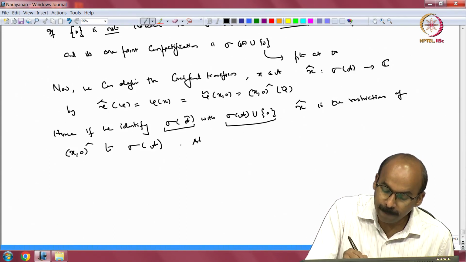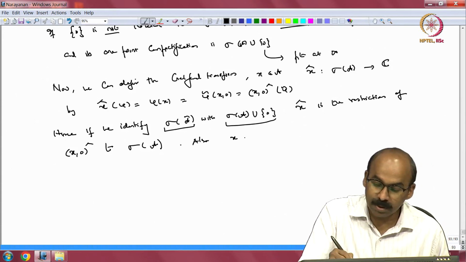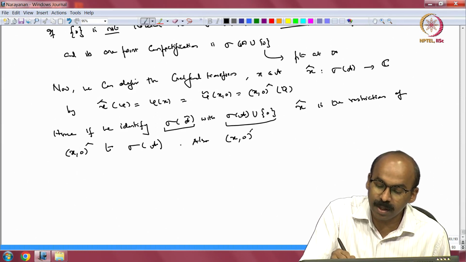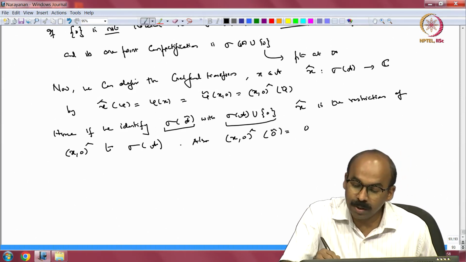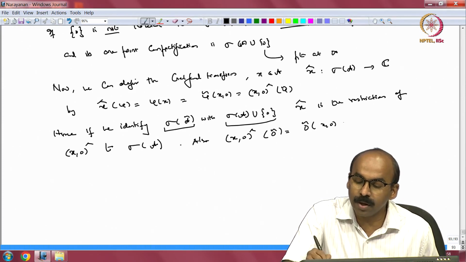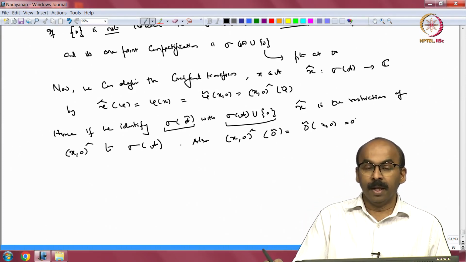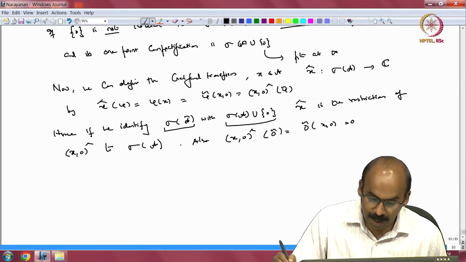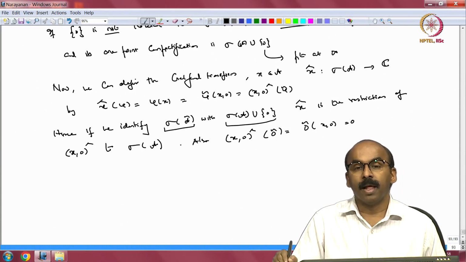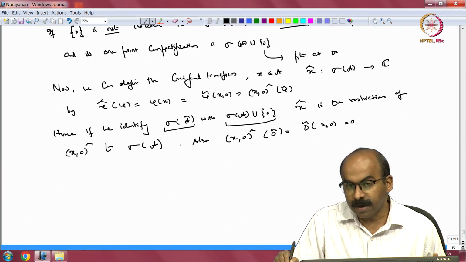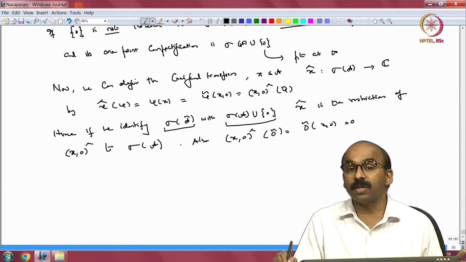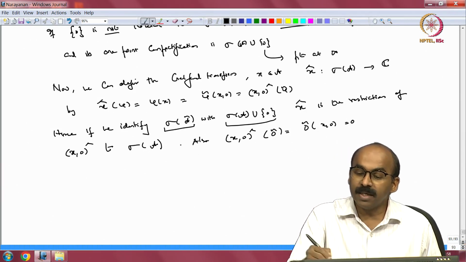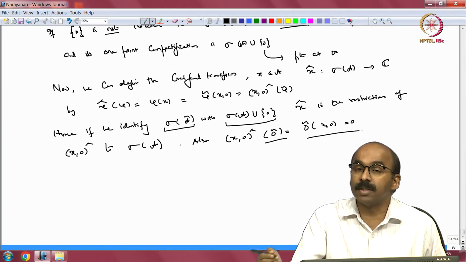Also, this is the important point, it is easy to see, (x, 0) hat at 0 tilde equals 0 tilde at (x, 0) equals 0. Okay. So, any point in A, if I look at it as a continuous function on sigma A tilde, it is vanishing at the point at infinity, right, that is what this means.